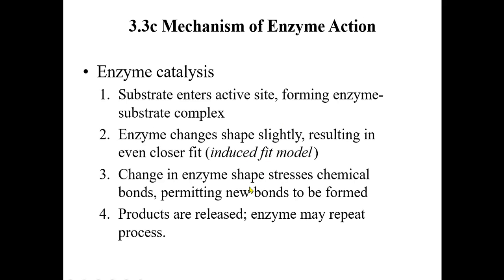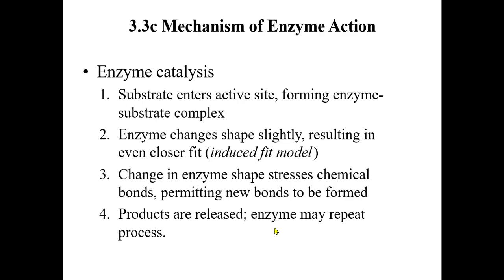Okay, these are more features. We've already taken care of number one. So I already told you enzymes have a specific active site. Okay, enzymes stress chemical bonds. Products are released and enzymes may repeat. So enzymes are not used up in the reaction.